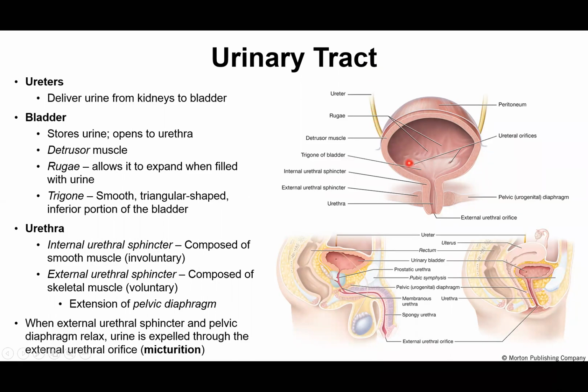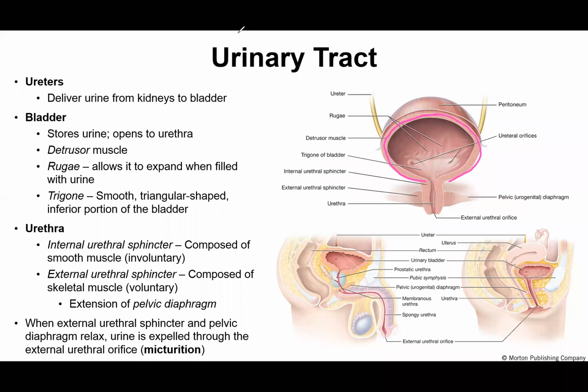All right, and the bladder is the organ that's going to store urine, and it's actually going to open up into the urethra. A couple of things to note about the bladder is that it's actually composed of muscle. So we see all of sort of this layer here.